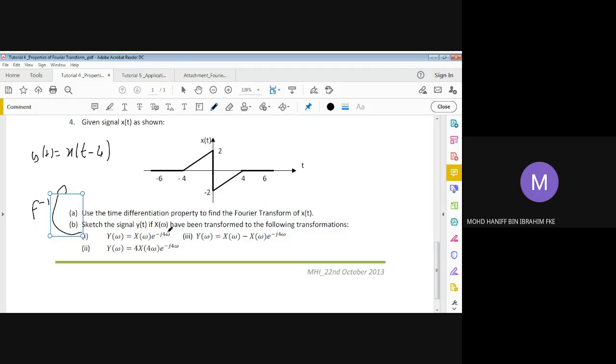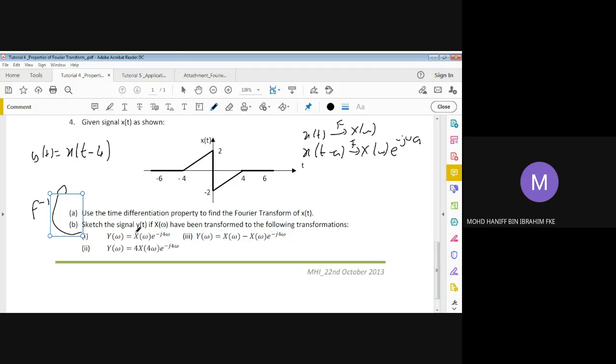Because we have this exponential term, refer back to the shifting properties. If we have x(t), which gives us X(omega), then x(t minus a) has Fourier transform X(omega) exponential negative j omega a. This is based on the Fourier transform property of time shifting.